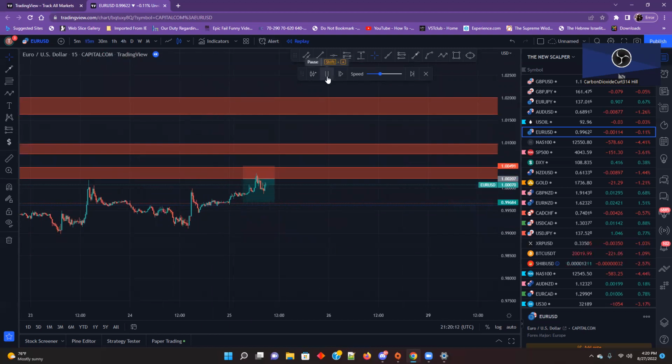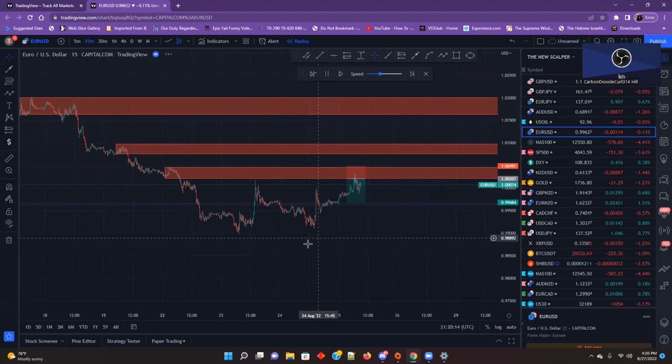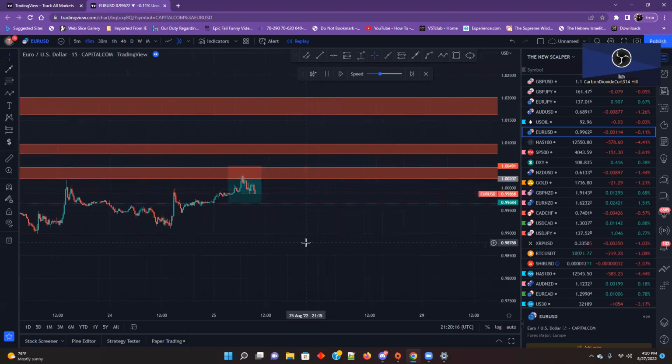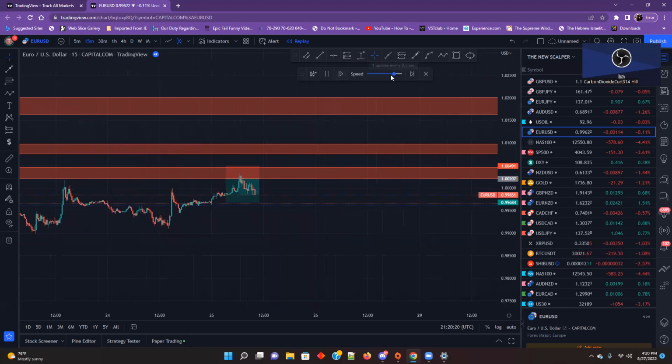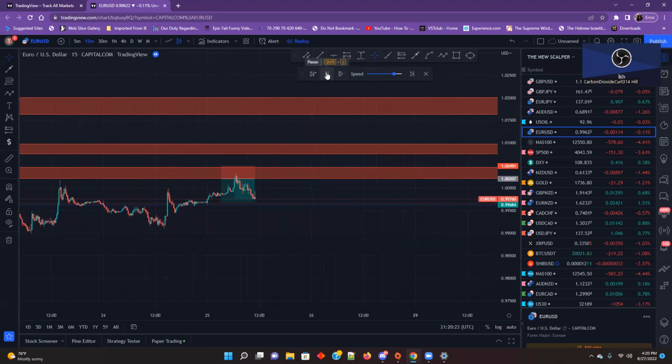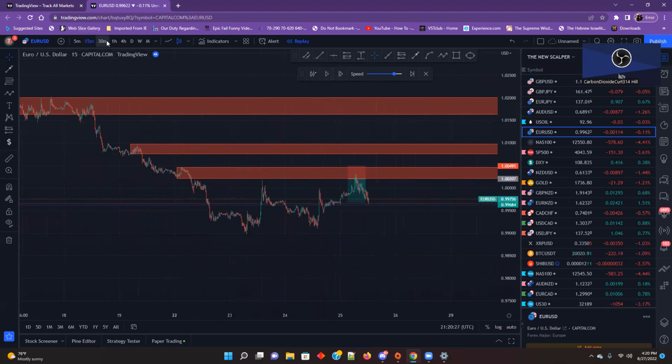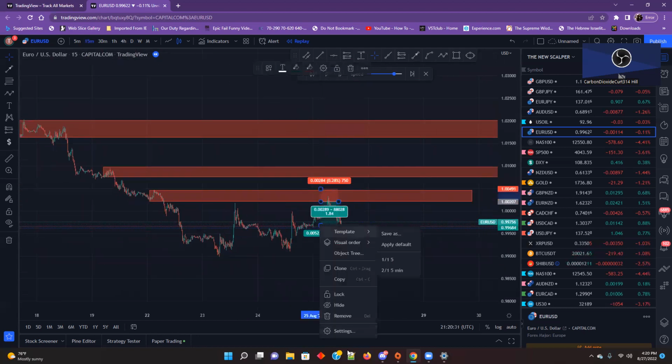So we're getting quick and easy pips out of this. So we would have been in the trade. Let's make this a little fast. And look, we would have been out the trade on the 15-minute. We went to the 15-minute, we out that trade.